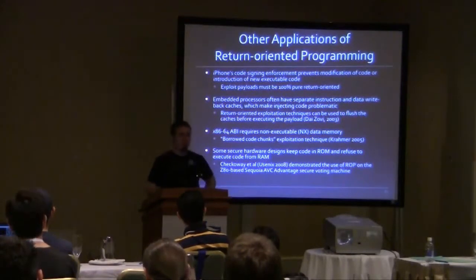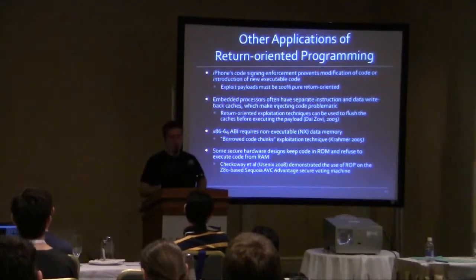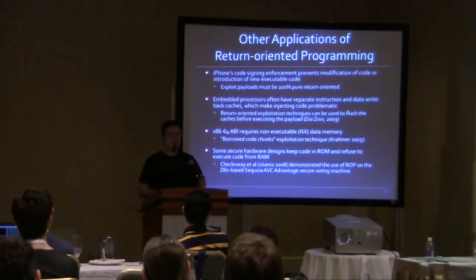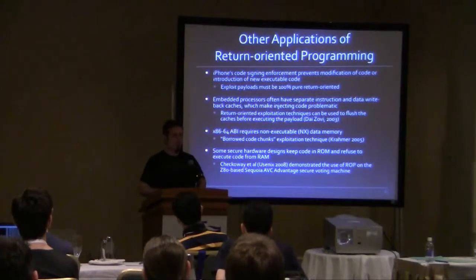Return-oriented programming can be applied in other fields. Most notably, where you need it is the iPhone. So the iPhone has a code signing enforcement policy, which is basically the biggest security strength of the platform, meaning that you can't inject new code. They have NX, so you can't jump into the heap where you've injected your shellcode.